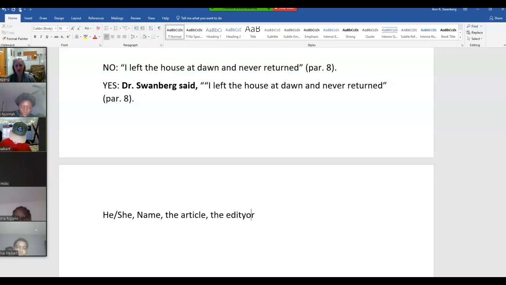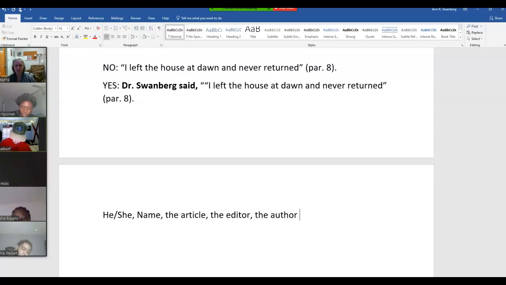If you've got the editor of a magazine saying something, you could say the editor, or the author.